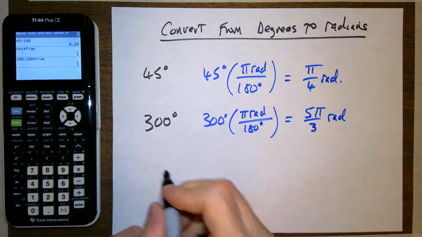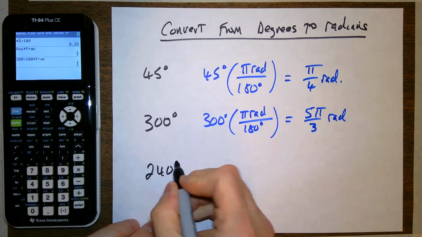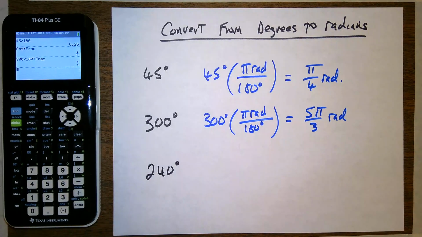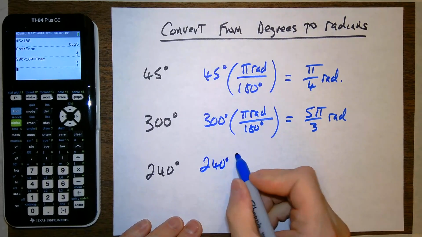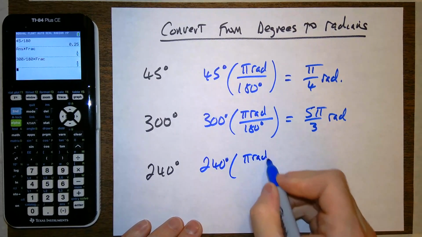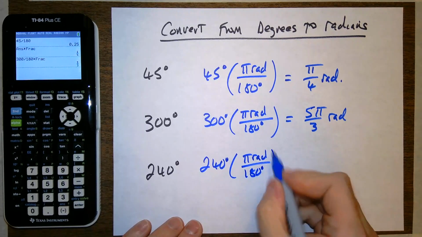All right, here's another one to try. How about 240 degrees? Again, I'll pause for a moment, give you a chance to try this one. 240 degrees times pi radians over 180 degrees.